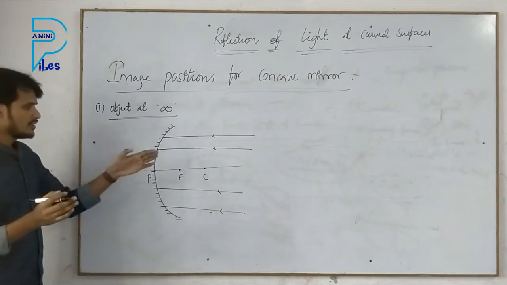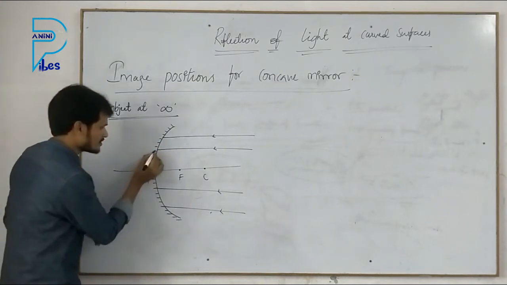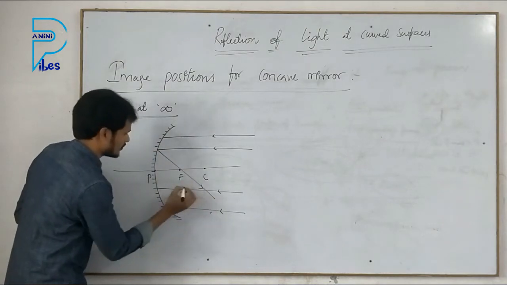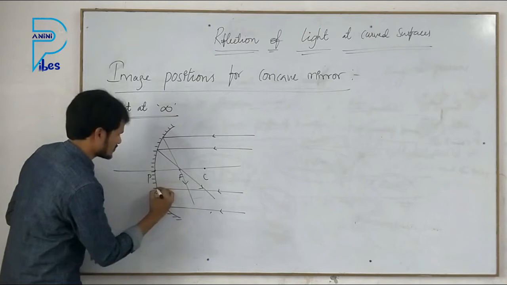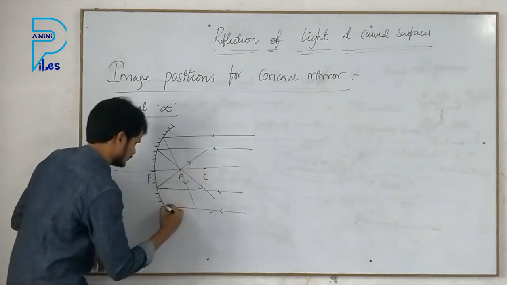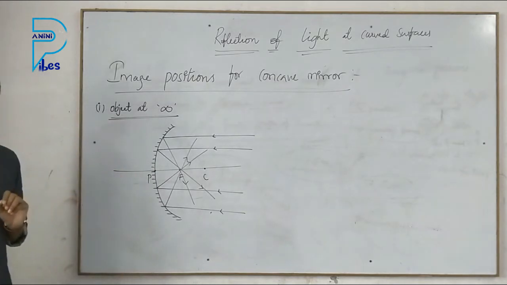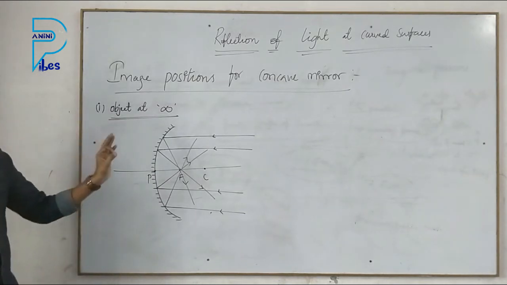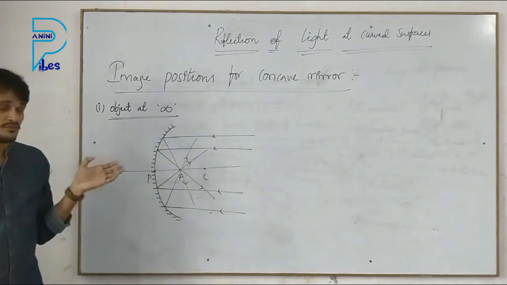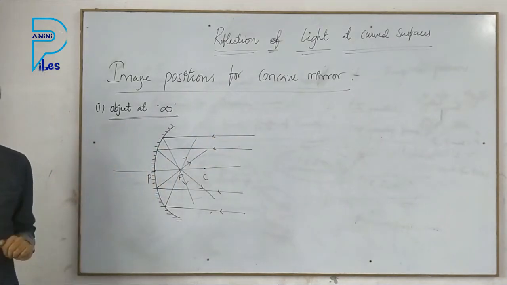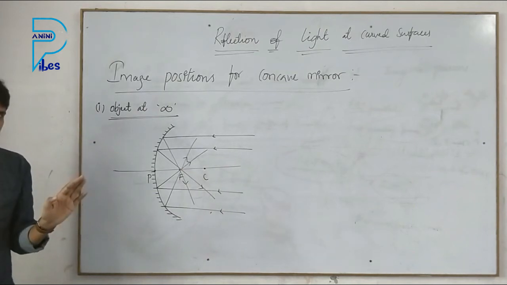We know that if the incident ray is parallel to the principal axis, the reflection takes place through the focus. So all these rays are passing through the focus. I already explained what a real image and a virtual image are: an image that forms on a screen is a real image, and one that appears in the mirror is a virtual image.